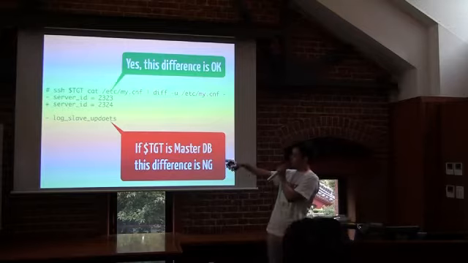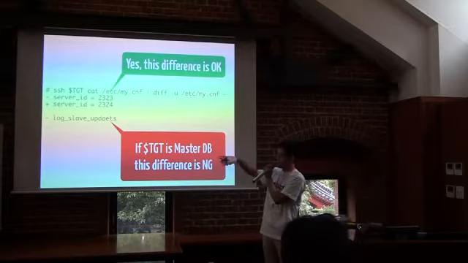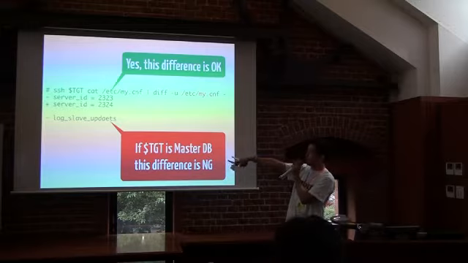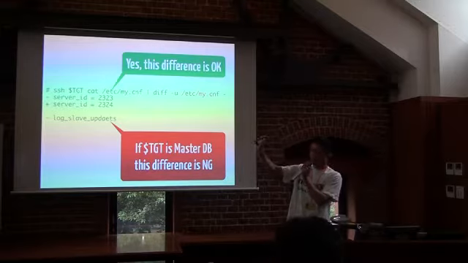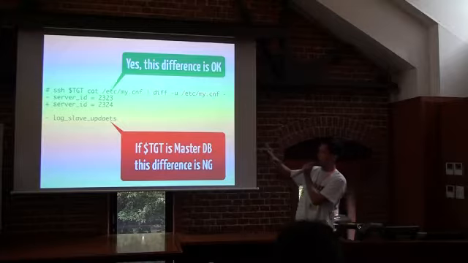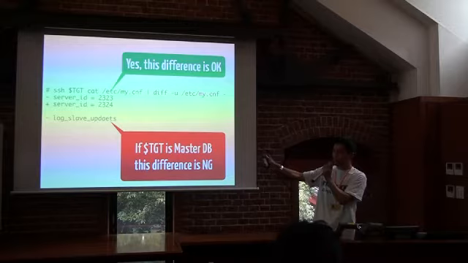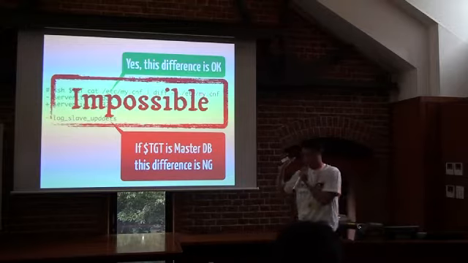So some options are different, depending on whether the new target server is master or slave or something. So you should judge whether this difference is correct or incorrect manually. So this is impossible.